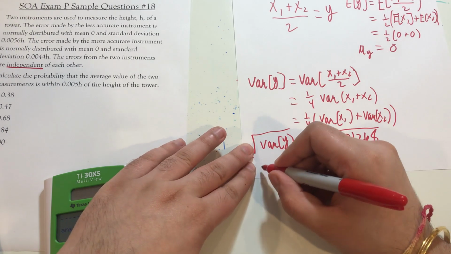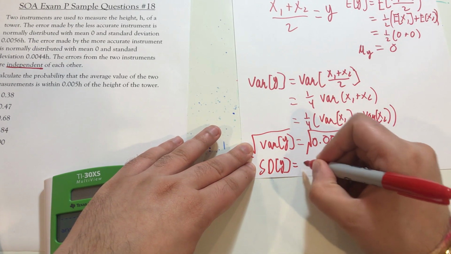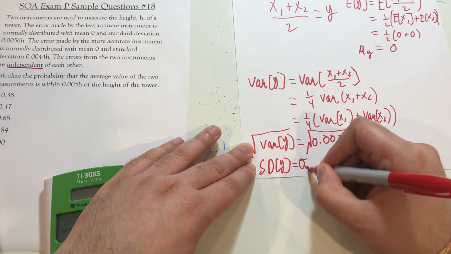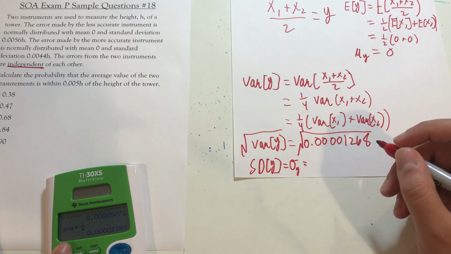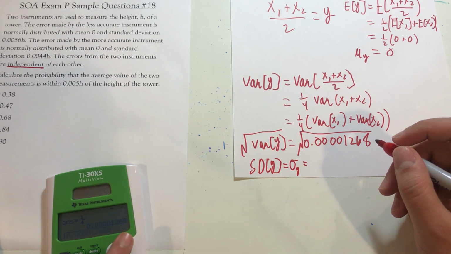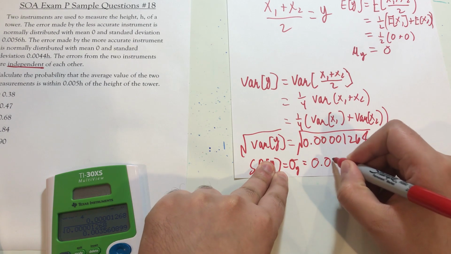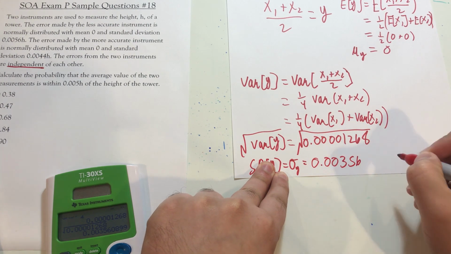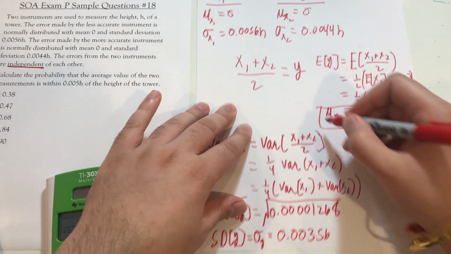So I get the standard deviation, SD of y, or sigma sub y, is equal to 0.00356.